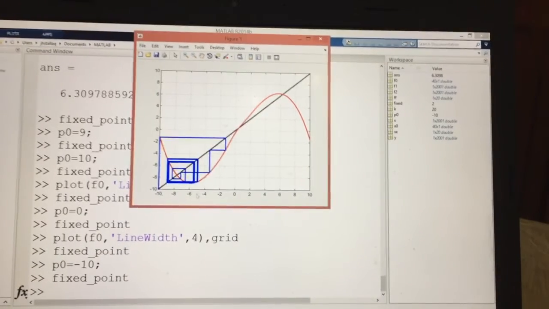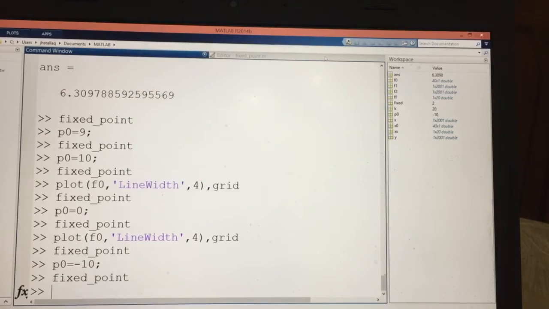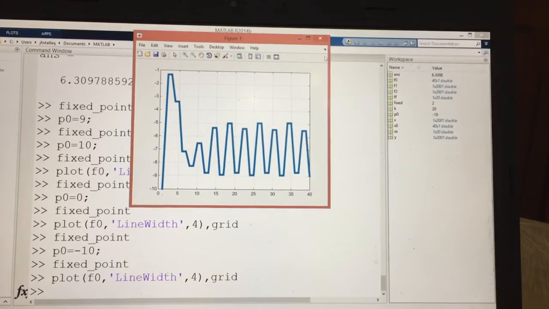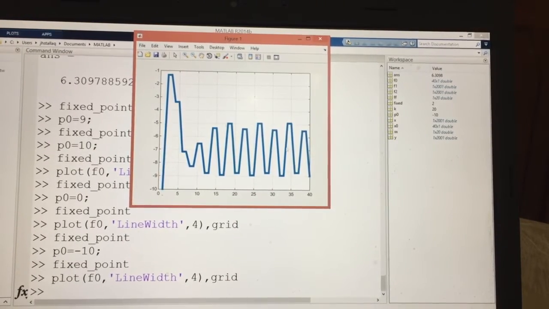Again it will move vertically to the function, then horizontally to the line, then vertically to the function, horizontally to the line, vertical, horizontal, and so on. Again, it keeps oscillating around this point here. Let's plot this. It comes from -10, but it keeps oscillating around this point. So it suggests that we must modify that function.